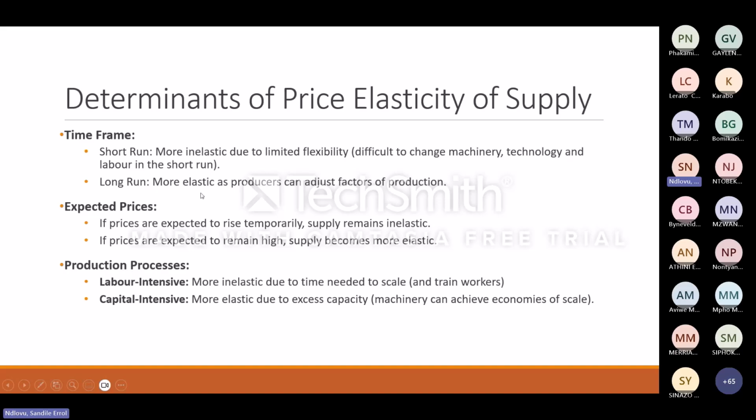But then in the long run, supply is more elastic, right? As producers can adjust factors of production. So your factors of production are your land, your labor, your capital, and your technology. In the long run, producers can invest in more machinery.